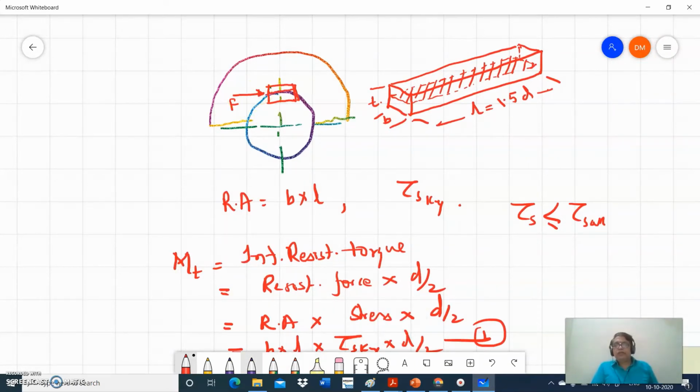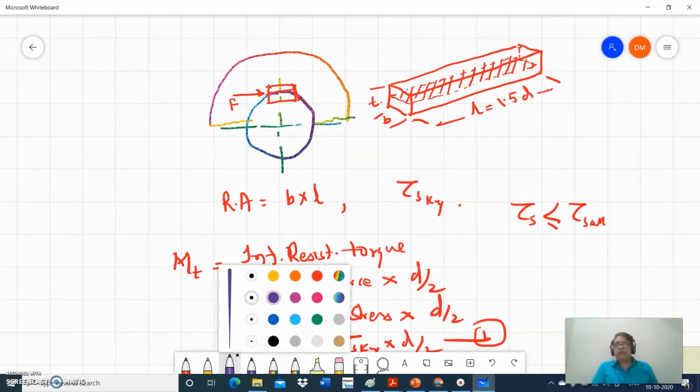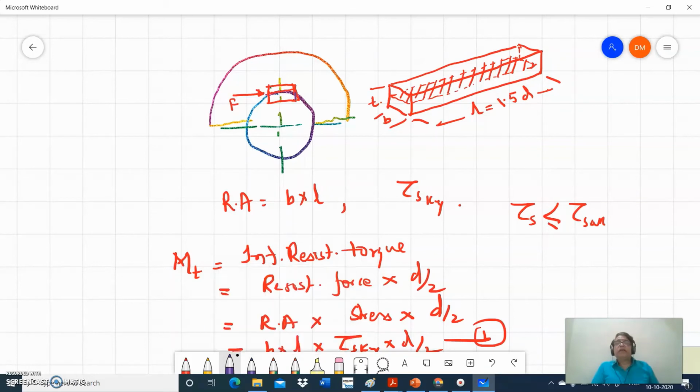So when I apply the force over here, we should not take both areas. If the force is applied on the left side, this is in contact. So here I can show this line, this surface.